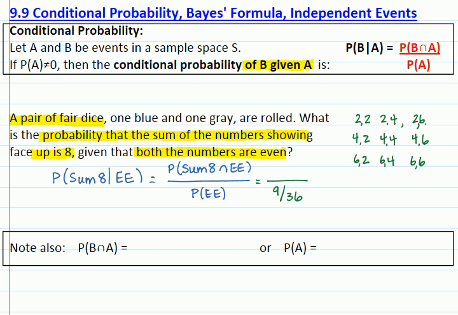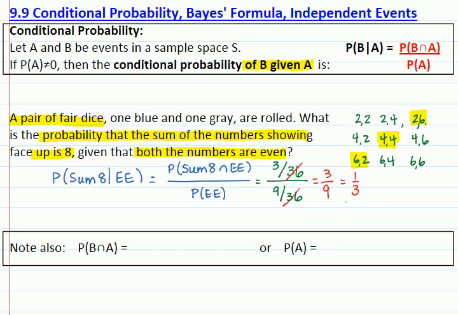And of those 9, 2 and 6, 4 and 4, and 6 and 2 will be a sum of 8. So the probability for rolling a sum of 8 and having 2 evens is 3 out of 36. The 36 will simplify, and 3 out of 9 is the answer, which is what shows in the sample space of just having 2 evens, or if we simplify that, 1 out of 3.